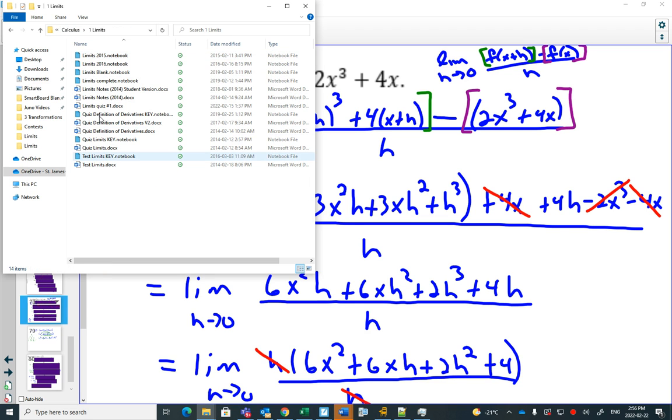Let's see if I have it here. No, it looks like it's not. I'll see if I can get it ready for next class. I was going to graph it for you and show you what the derivative looks like.